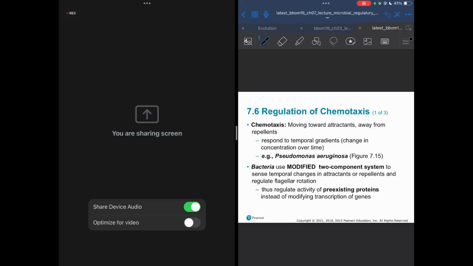Bacteria use modified two-component systems to sense temporal changes in attractants or repellents and regulate flagellar rotation. Thus it regulates the activity of pre-existing proteins instead of modifying transcription of genes. I think that's the 5 minutes.